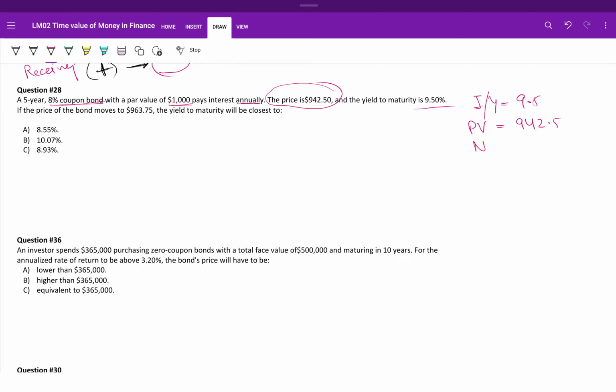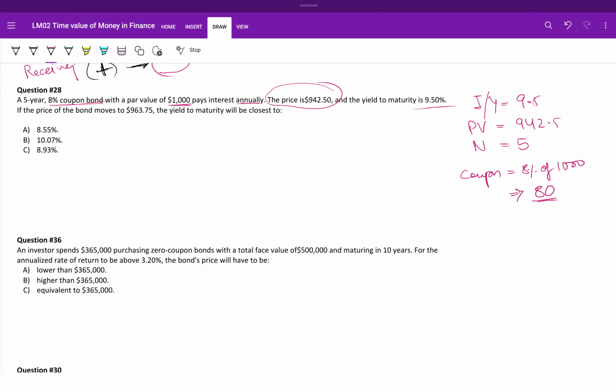Time here is 5 years. 8% coupon bond, 8% of 1,000. The coupon is 8% of 1,000. It's going to be 80. The yield to maturity is going to be closest to what?